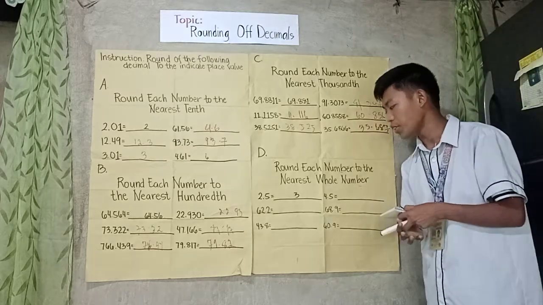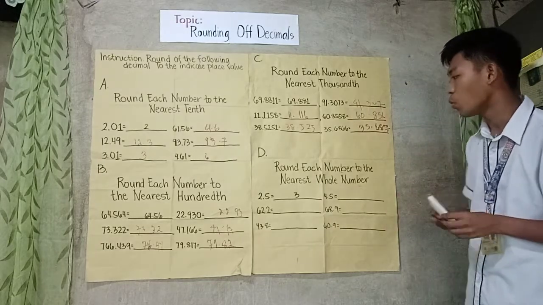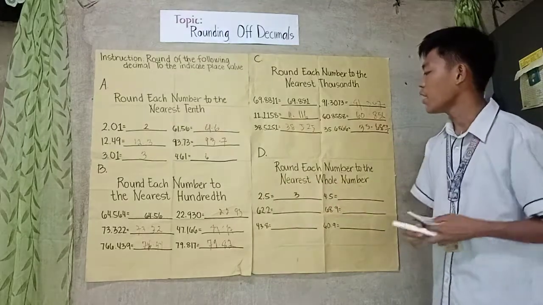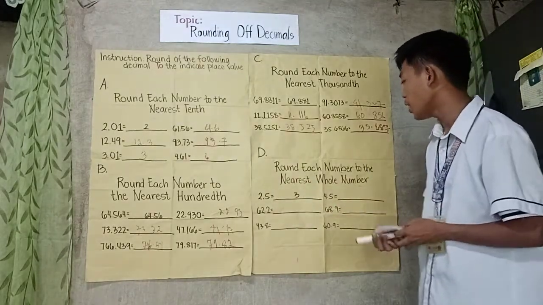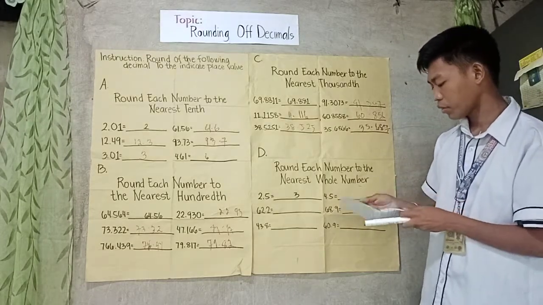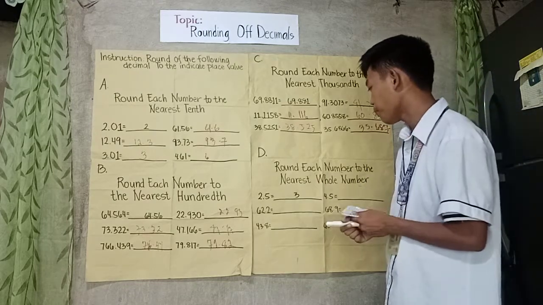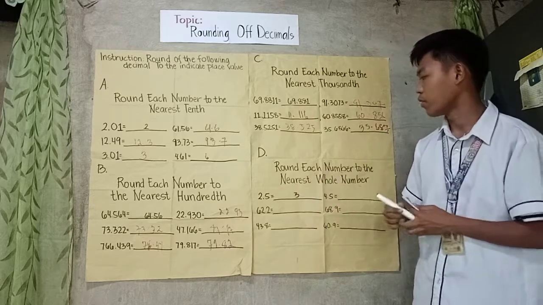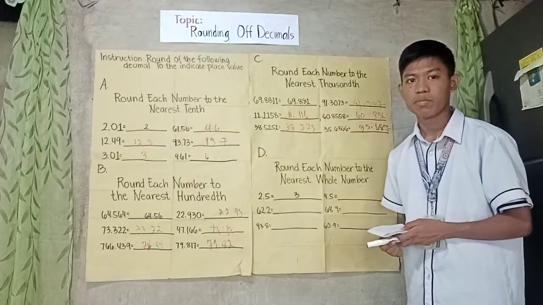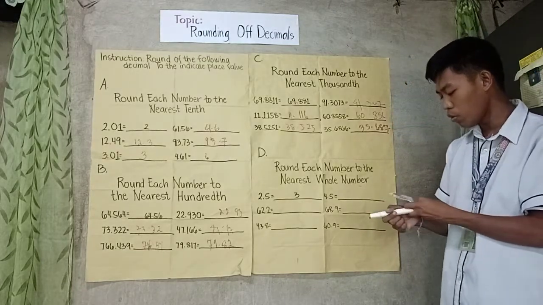So lastly, for letter D, as I've said earlier, you are to round each number to the nearest whole number. So the nearest whole number for 2.5 would be 3. Next, the nearest whole number for 62.2 would be 62.